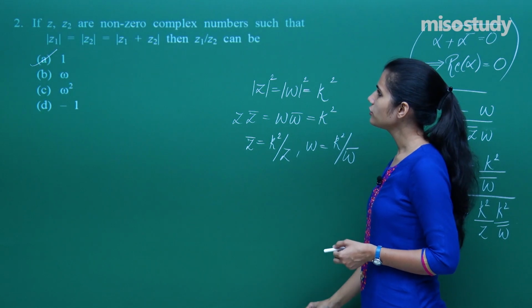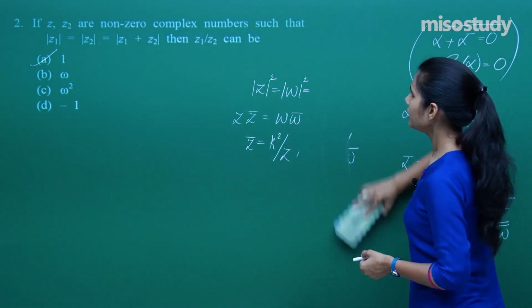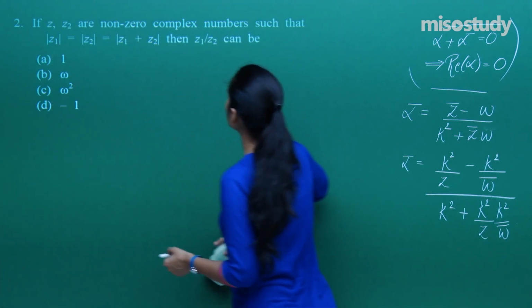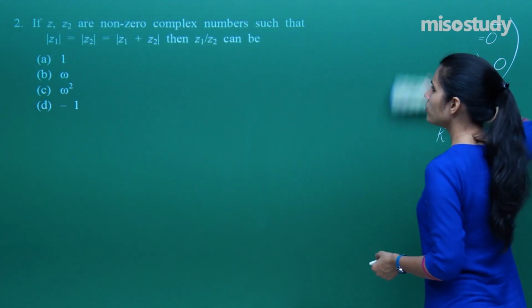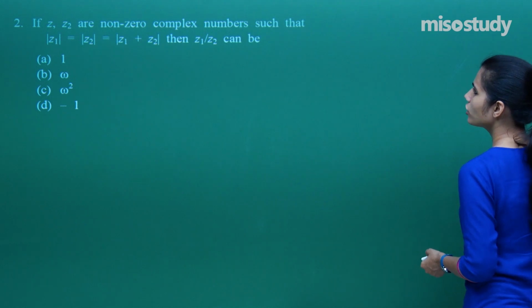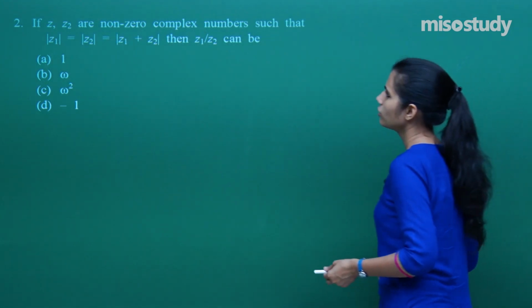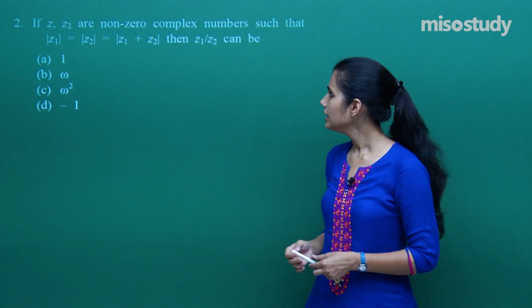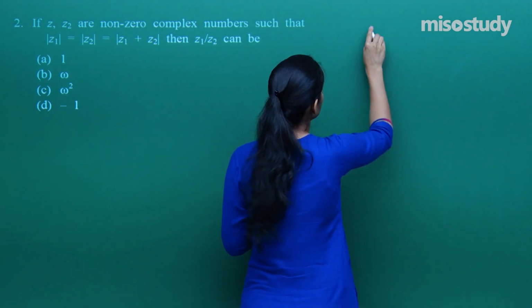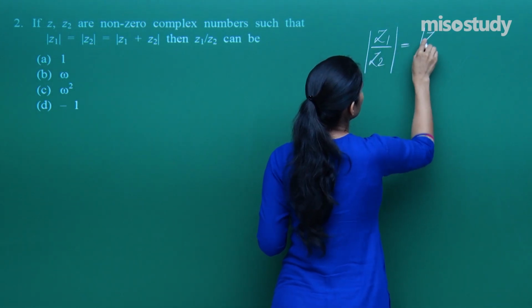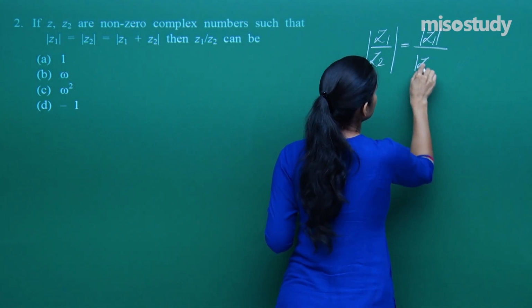Moving on to the next question, we have: if Z1 and Z2 are non-zero complex numbers such that mod Z1 equals mod Z2 equals mod of Z1 plus Z2, then Z1 by Z2 can be what all values among these? See, now over here you need to very clearly understand that mod of Z1 by Z2 is actually equal to mod Z1 upon mod Z2.